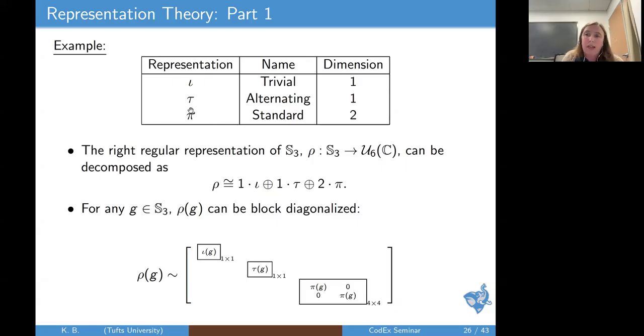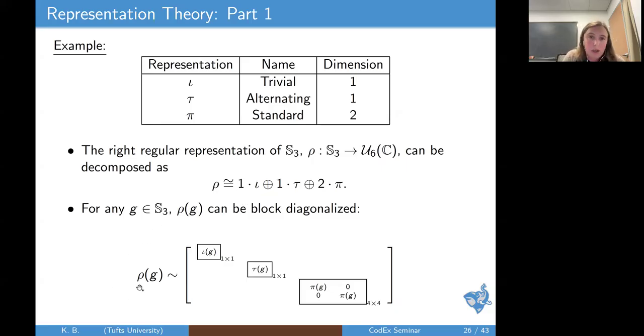But we also know that every single symmetric group has the alternating representation, which is a one-dimensional representation and thus is an irreducible representation. So these are all of the irreducible representations of the symmetric group S3. And so by the Frobenius-Schur theorem, the right regular representation of S3 can be decomposed into this direct sum of these irreducibles with the multiplicity of their dimension.